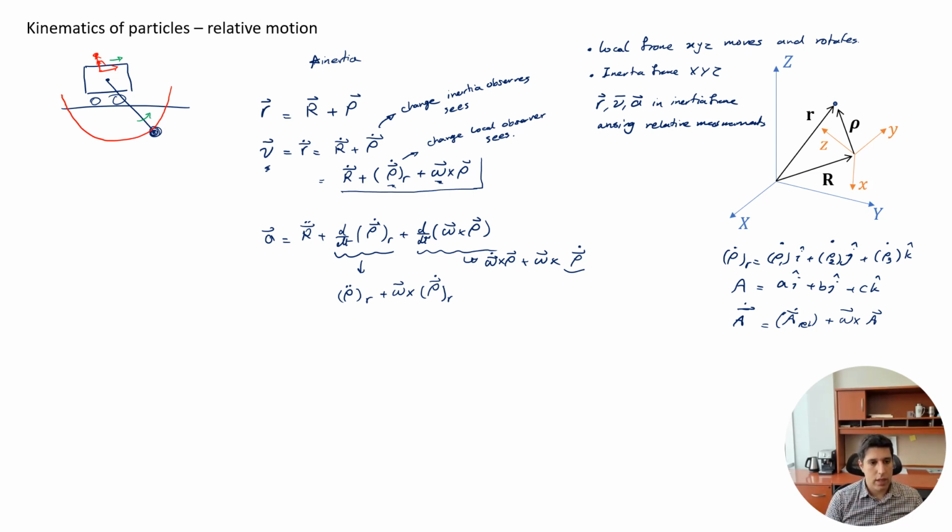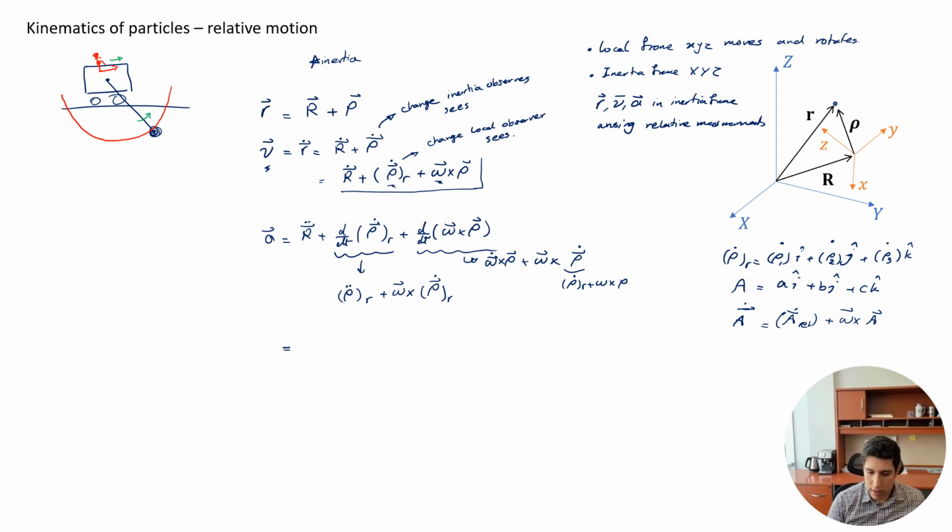This can be written as rho dot relative plus omega cross rho, and omega dot is the angular acceleration of the frame.